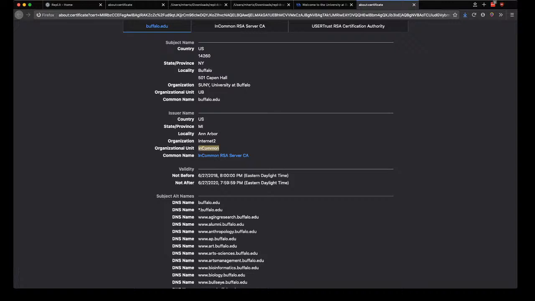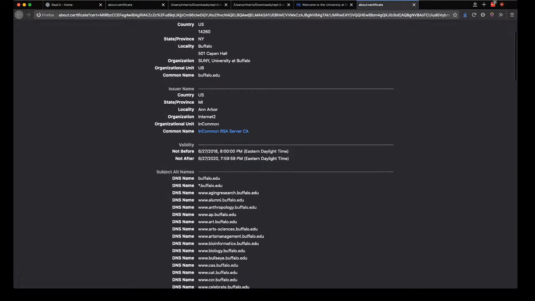It's using this InCommon. And its certificate was valid starting on June 27th of 2018 and running for 2 years. You can see that this certificate can be used by buffalo.edu, anything.buffalo.edu.